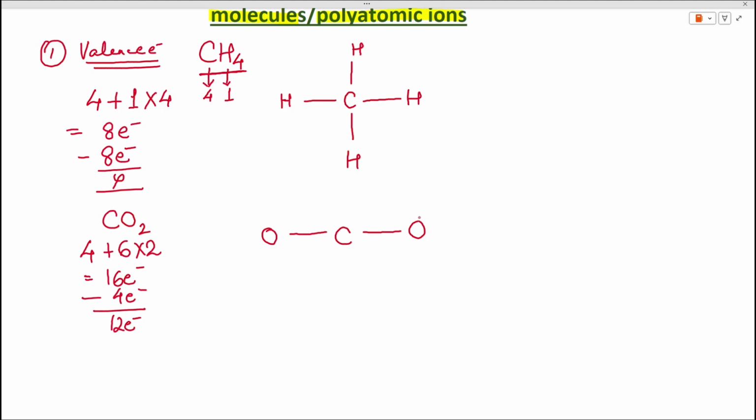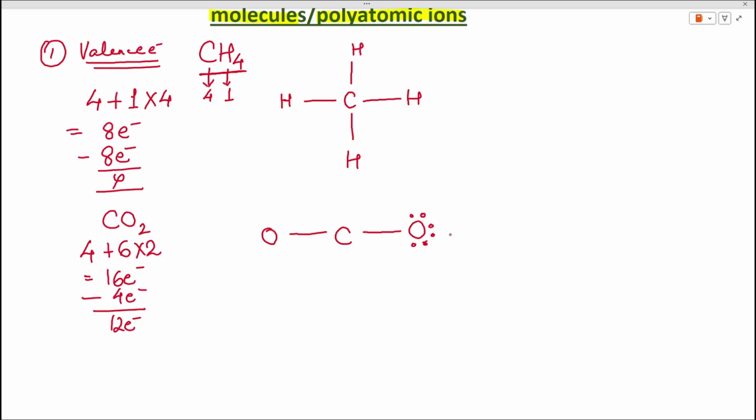Now the next step is to satisfy the octet or the duplet of the peripheral atoms. It means the atoms which are towards the outer part. This oxygen already has 2 electrons. So to make it complete or stable, we have to add 6 more electrons to it. So 1, 2, 3, 4, 5, 6.